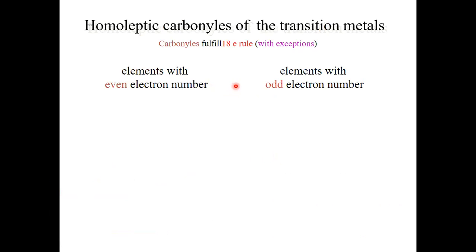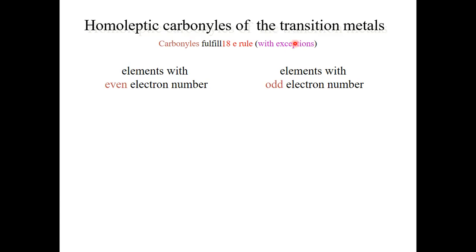So generally, for carbonyls, the 18 electron rule applies, with a few exceptions. So we need to think about, well, how many carbonyl ligands do we need to place around a transition metal so that the 18 electron rule is fulfilled, and which structures will result.